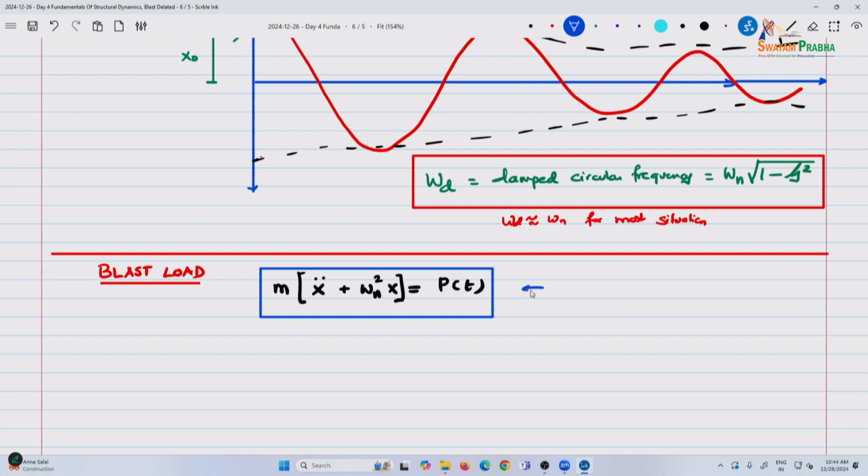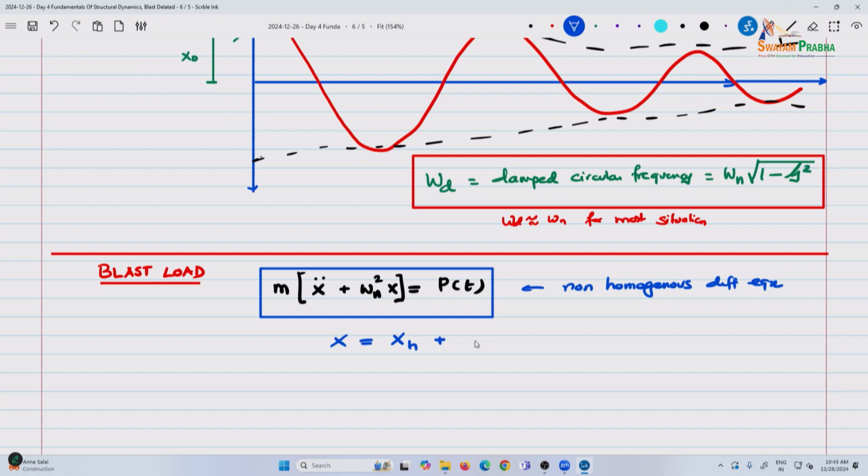So, this is a non-homogeneous differential equation. So when you have a non-homogeneous differential equation, what are the components? x has 2, right?